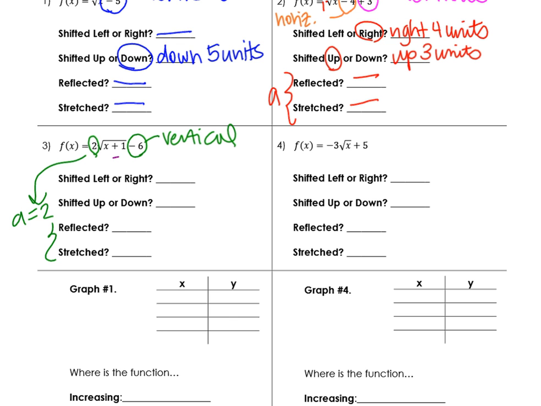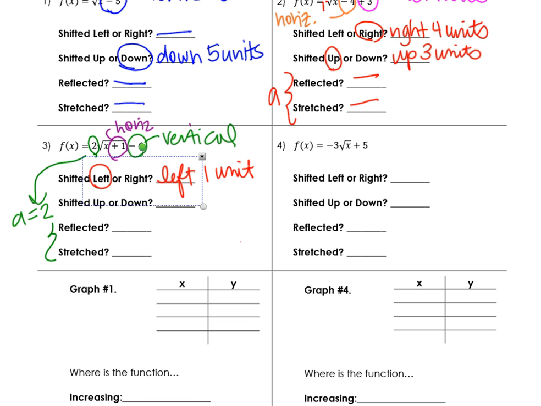And then I have an x plus 1 on the inside, so that's going to be horizontal. This is plus 1. So horizontal, we do the opposite, just like the parentheses in intercept form and vertex form. So we're actually going to go to the left 1 unit.